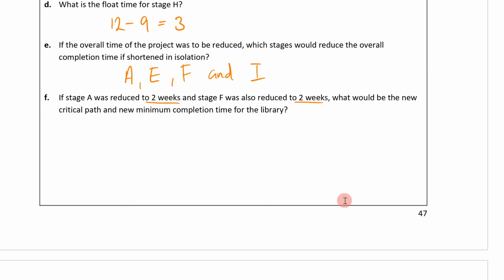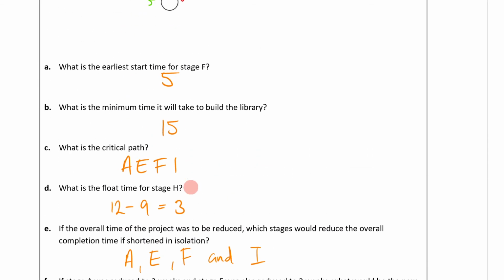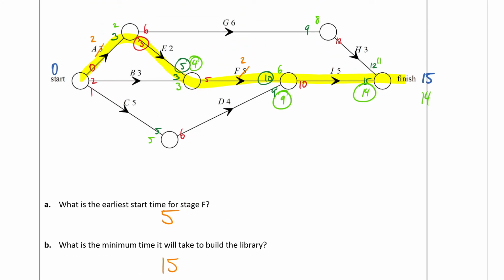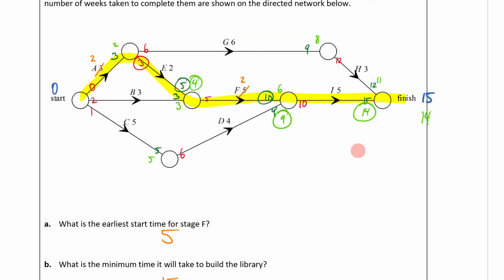I think it asked us for the new minimum completion time. So the new time is going to be 14. That was just by doing a new forward scan there. And now we need to do a backward scan. Let's grab a pink here because that's similar to a red. Let's go backwards now, starting at this 14. So 14 minus 3 is going to be 11. Then 11 minus 6 is going to be 5.